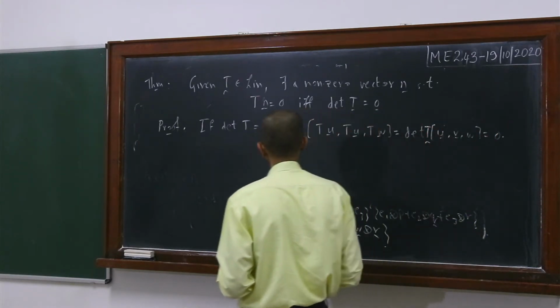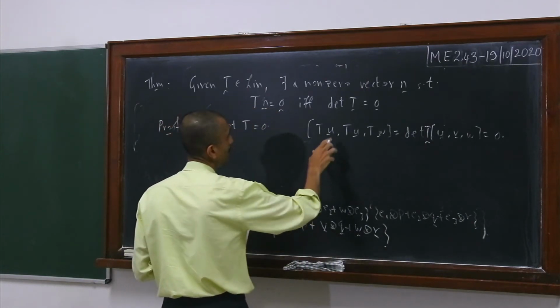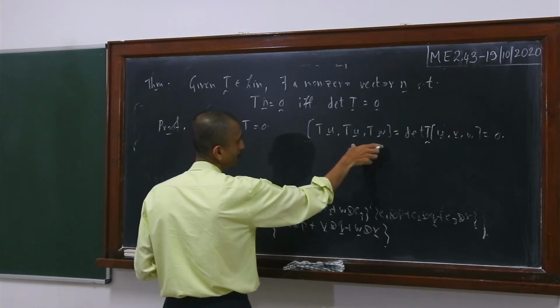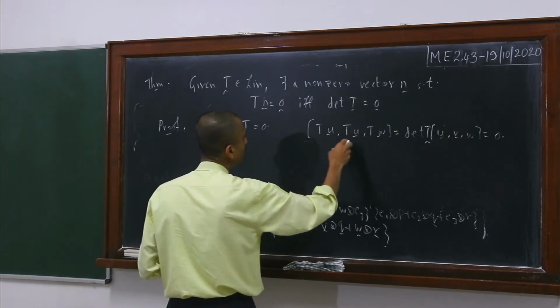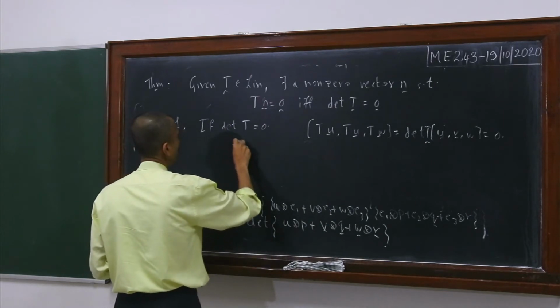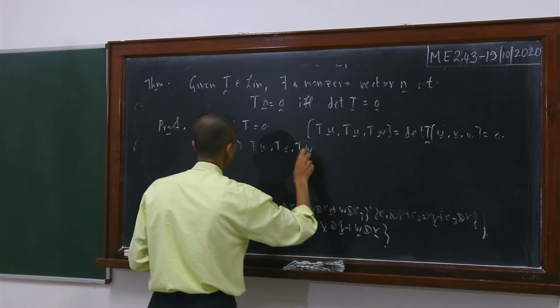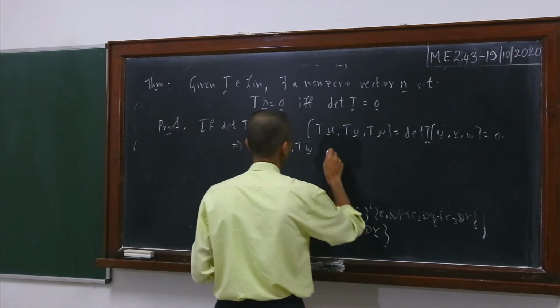So hence this will be equal to 0. And then we have seen a theorem that if the scalar triple product is 0, then the elements are linearly dependent, right? So this implies that Tu, Tv, Tw are linearly dependent.